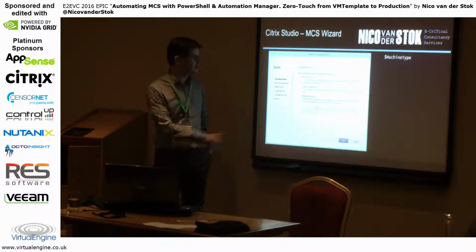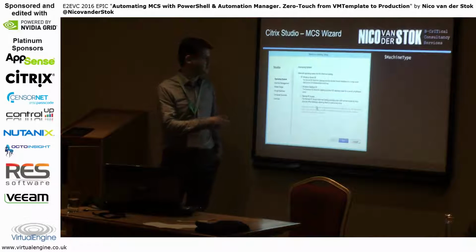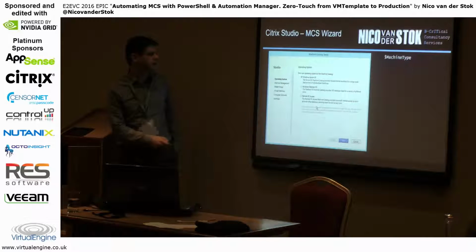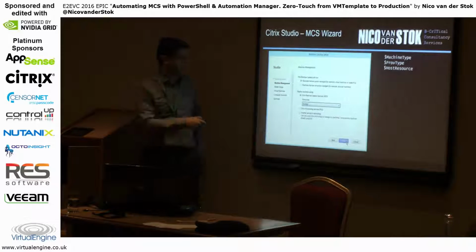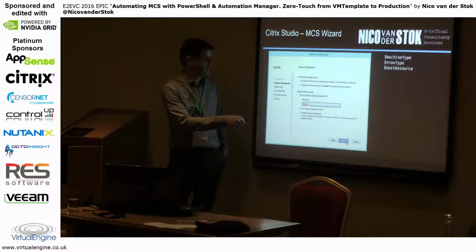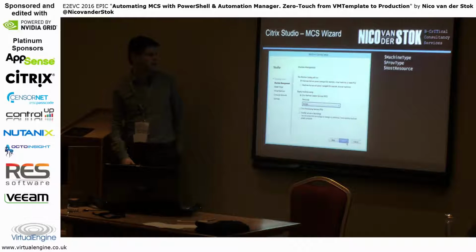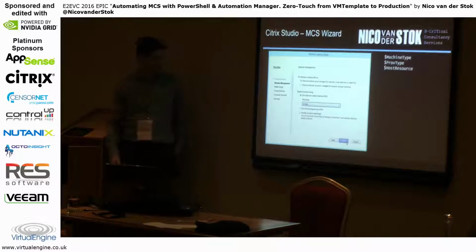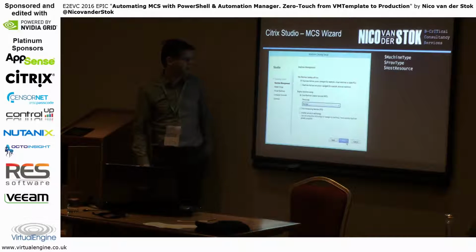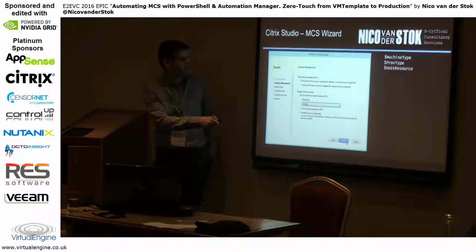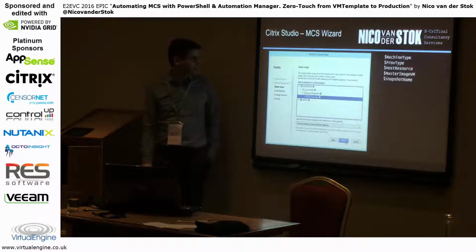So the first thing would be the machine type, server OS or desktop OS. Then the provisioning type. And when you select MCS, you also have to select a connection to the resource on your hypervisor. In this case, I've called it setup. So we have the provisioning type and the host resource.